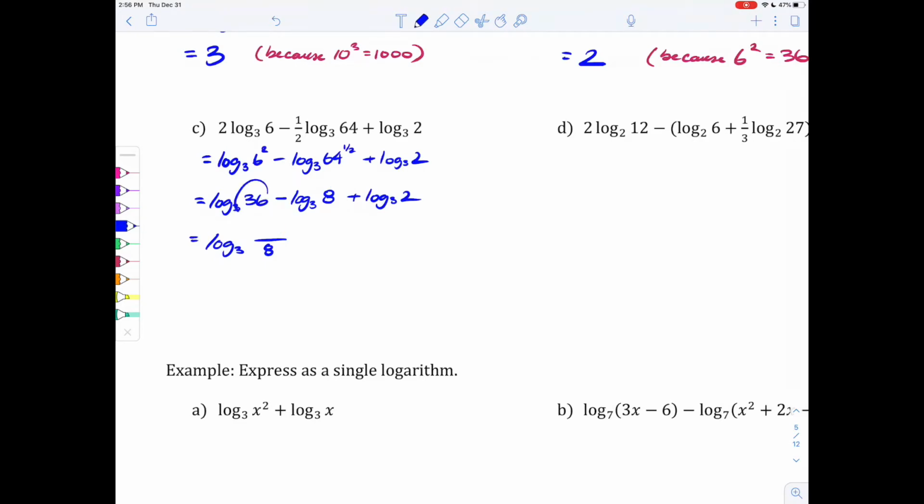And then on top would be the 36 and the 2 because they're both positive logs. Whoop, whoop. Proceeding with that, 36 times 2 divided by 8 is 72 divided by 8. So I get 9. And log base 3 of 9 is 2.